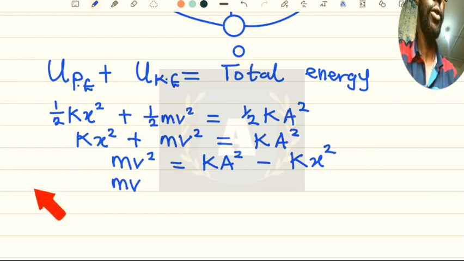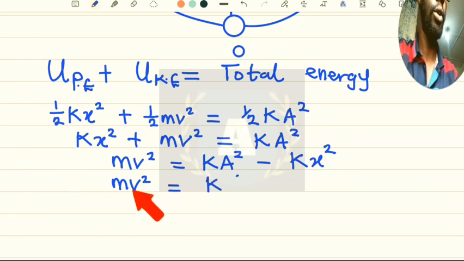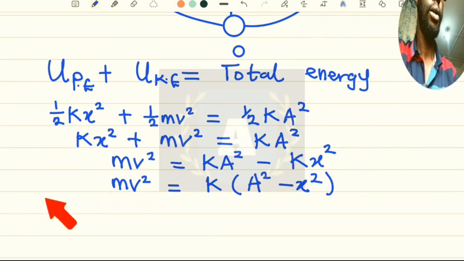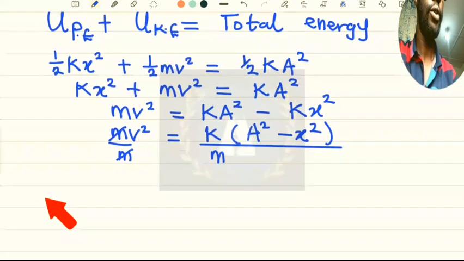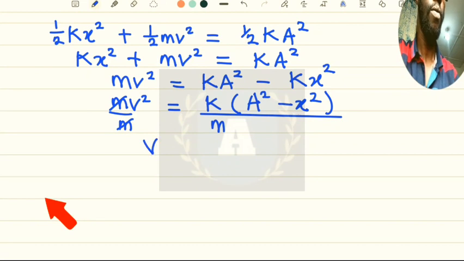So mv squared is equal to, on factorizing, K is common, into the bracket of a squared minus x squared. On dividing both sides by m, we have that v squared is equal to K over m into the bracket of a squared minus x squared.